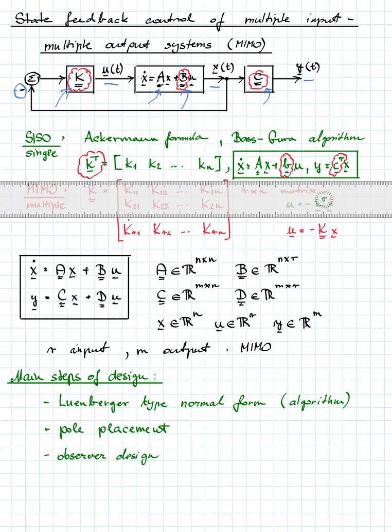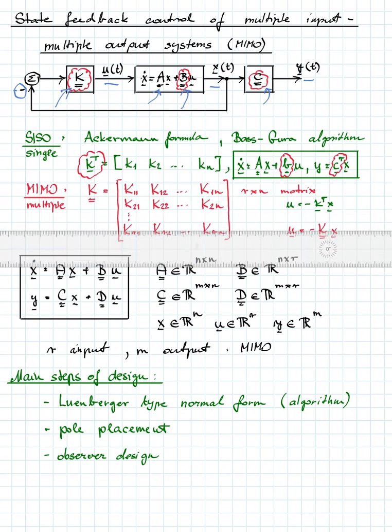So in the case of SISO, we have got a K transpose feedback, and we have to calculate K1 to Kn, so n unknowns, and we have studied the Ackermann formula, which is a very famous formula to obtain K transpose, as well as the Bass-Gura formula some lectures before.